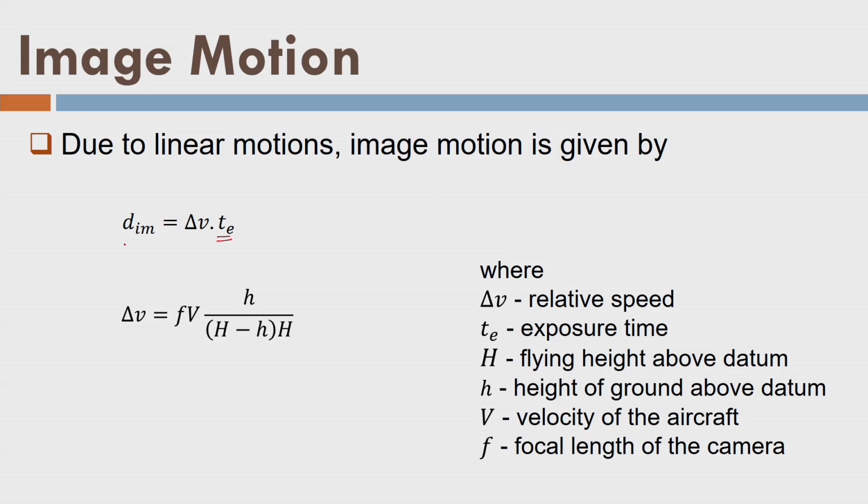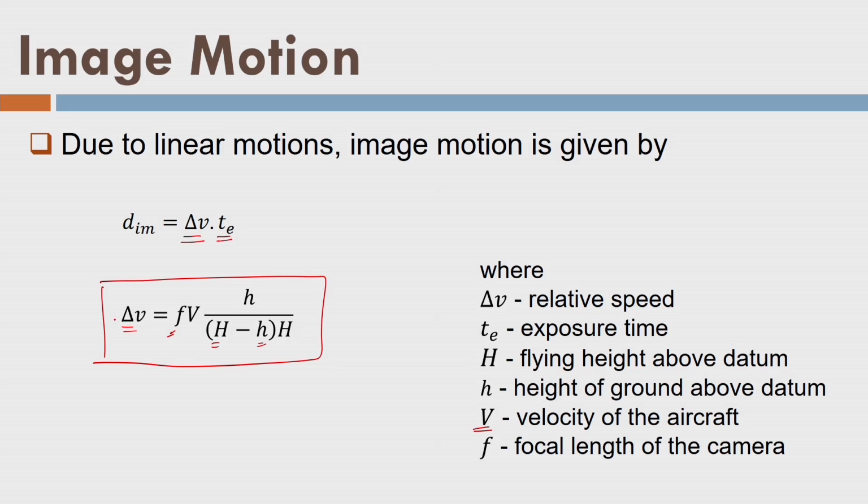It is in motion, and this is given by delta v, where delta v is the motion of an image point, and it is given by this formula, where f is focal length, v is the speed of the aircraft, H is flying height, and h is the height of a point which we are trying to image.